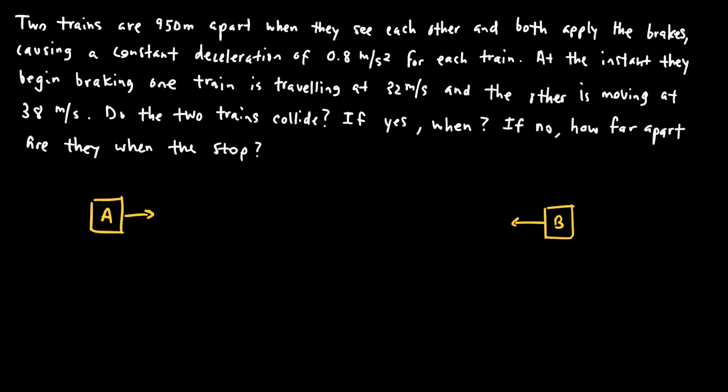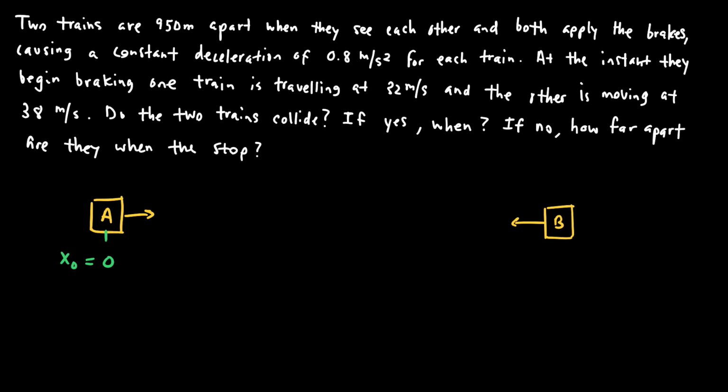I'm going to say that train A, which is on the left here, is starting off at an initial position of 0. So what I'm saying is that I'm going to have these two trains moving toward one another attached to a coordinate system that's going to help me solve the problem. The 0 position on this coordinate system is right here where train A is. And since the two trains are 950 meters apart, that's fine.